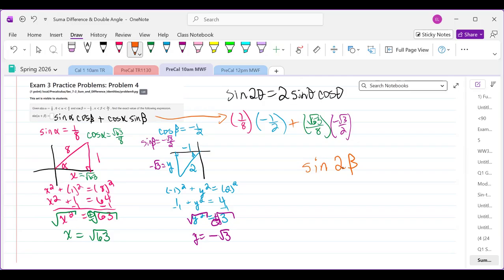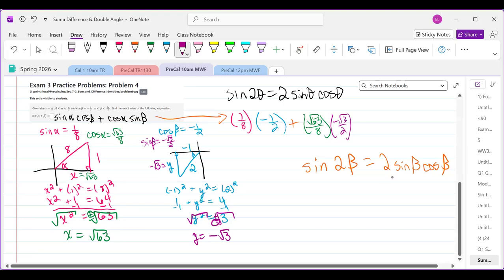So when I'm looking at sine 2 beta, then this will be 2 times the sine of beta times the cosine of beta. Well, I know what the sine and the cosine of beta are, so I'm just going to fill those in.